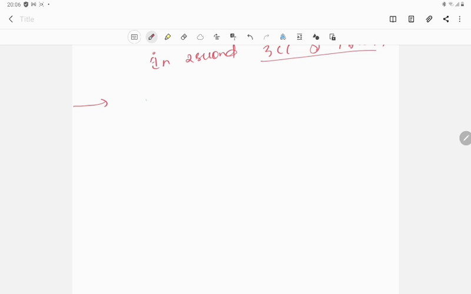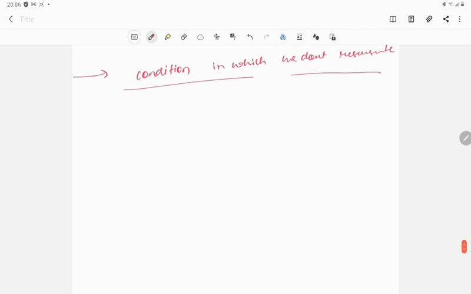few more things. Conditions in which we do not resuscitate the baby, right? So what are the conditions where we are not resuscitating the baby? Anencephaly, right?